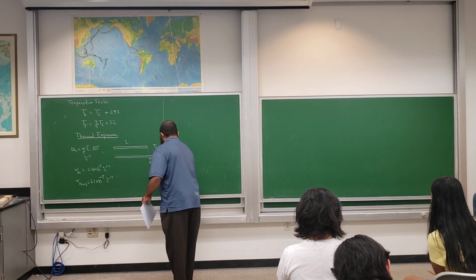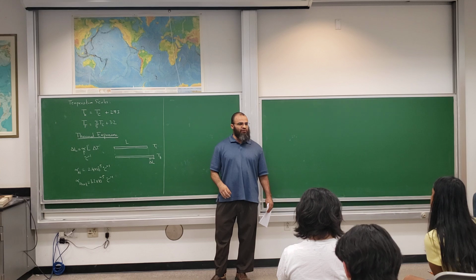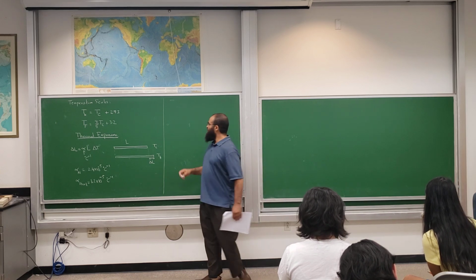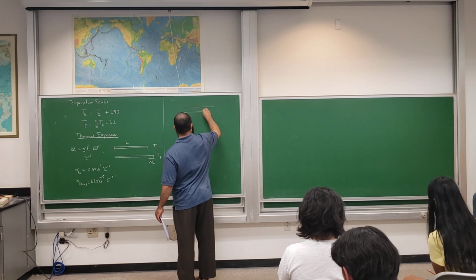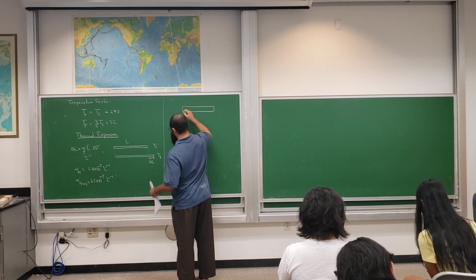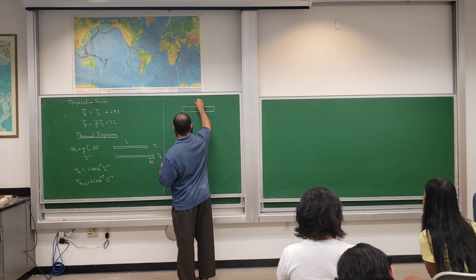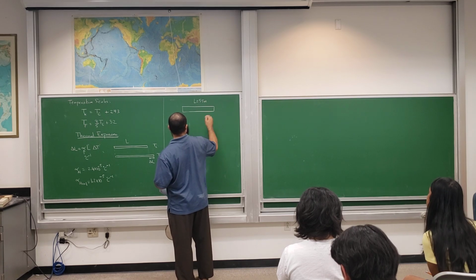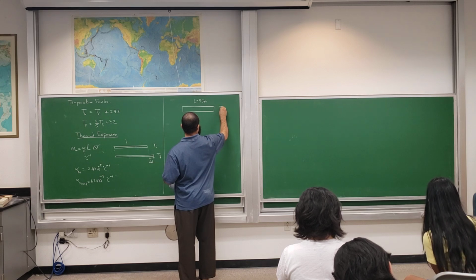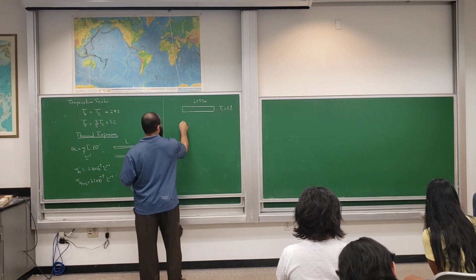Here's the example. Suppose you have a steel pipe, and it's 55 meters long, and it's a cold winter day. So this is the pipe, and L is 55 meters long. And the temperature is 5 degrees Celsius.